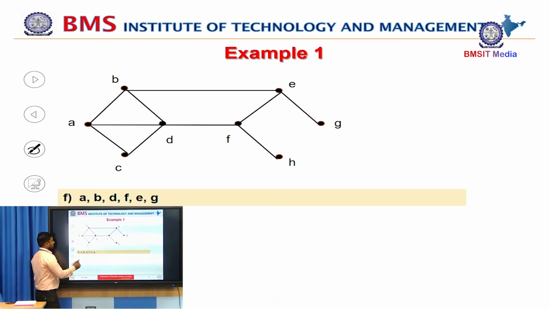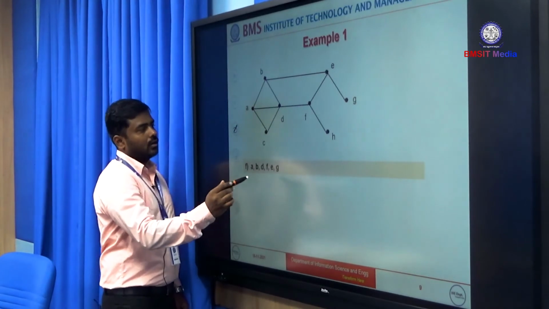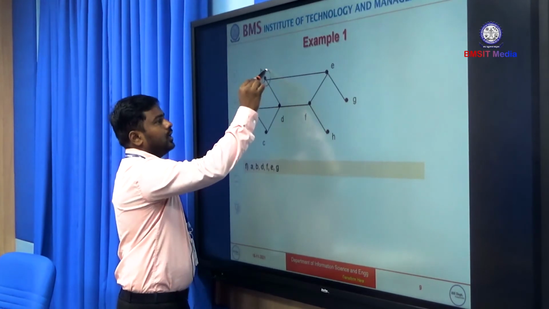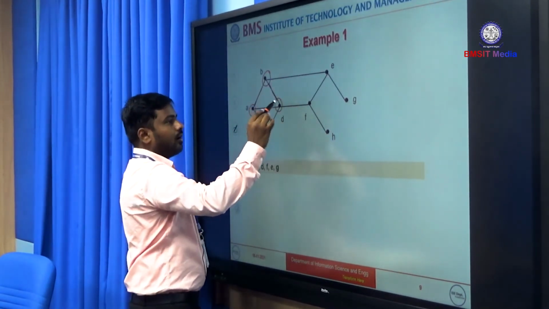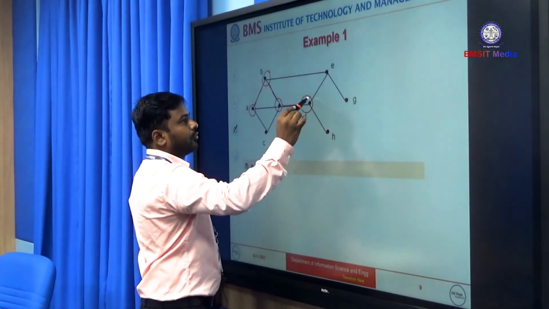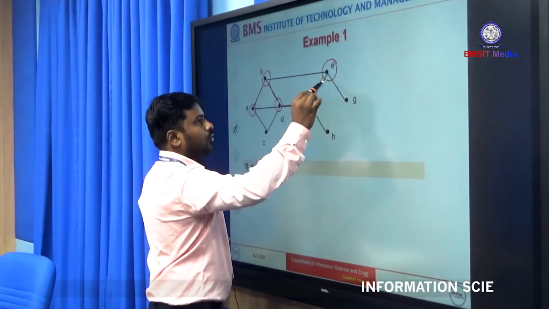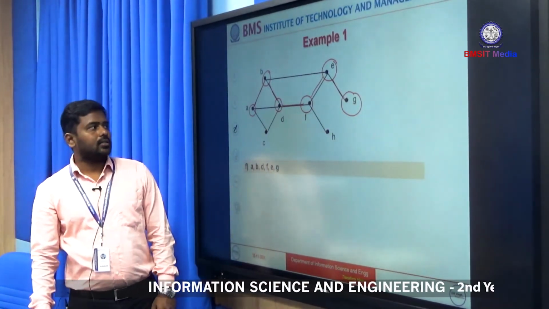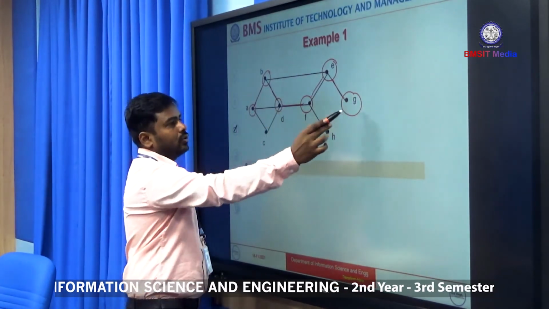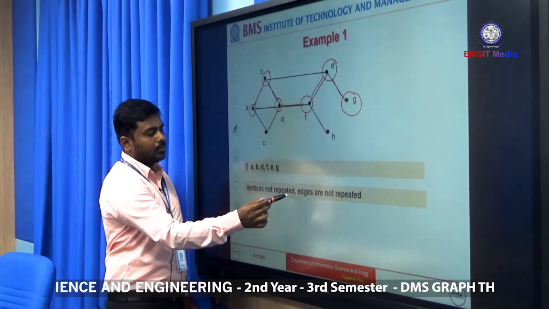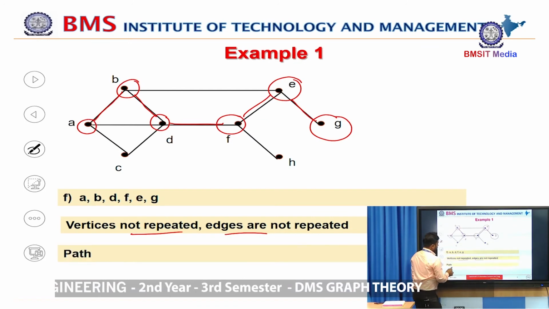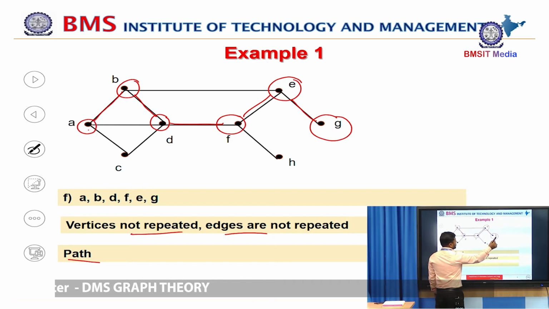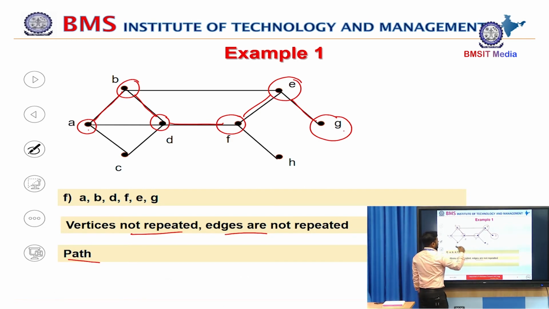Now, let us see another example. We have a walk from A to G. From A, I am reaching B, then B to D, then D to F and F to E and then E to G. Here there is no repetition of edges and vertices, and I am starting with A and reaching G. So, we can call it a path, because we are starting with vertex A and reaching vertex G. We are not reaching back to the same vertex.